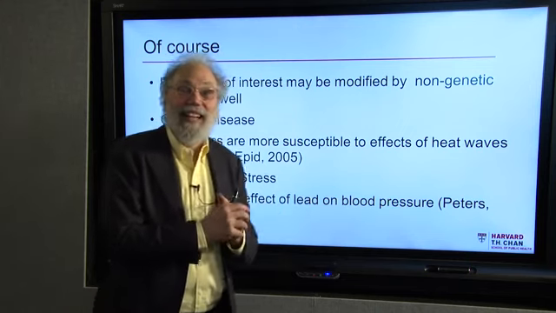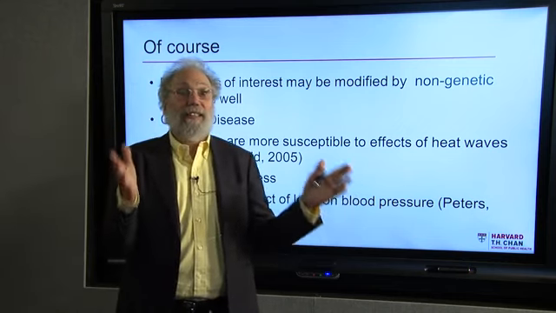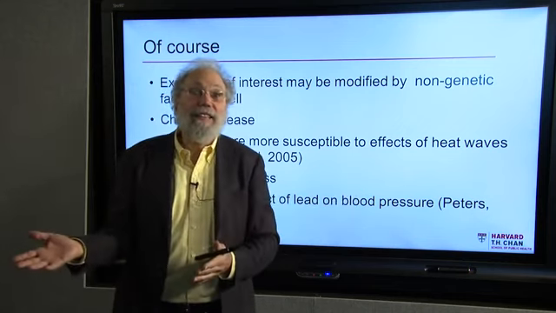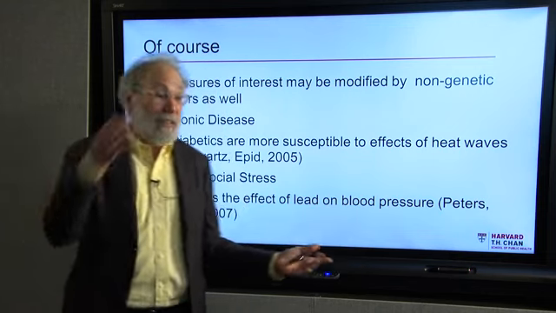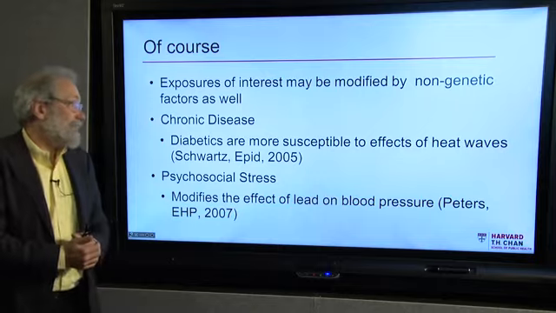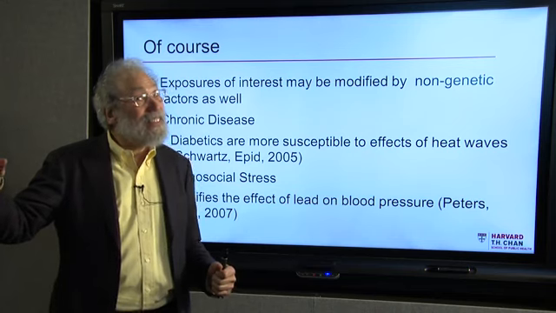And there are lots of studies suggesting that it affects health. And there are also studies that suggest it modifies various different exposures of interest in epidemiology. So for example, we did a study looking at the effect of lead on blood pressure. Well known that lead raises blood pressure in adults. It's not just for children anymore.